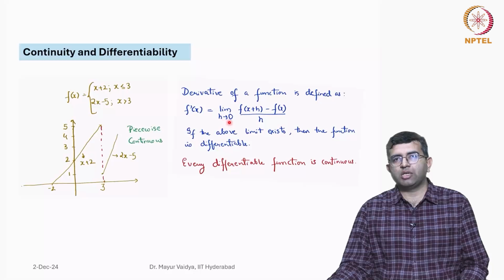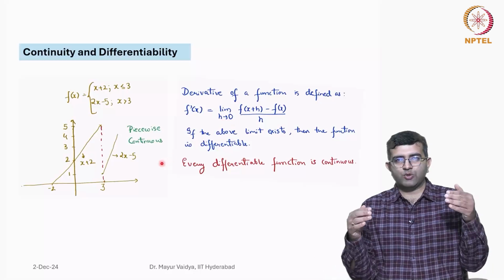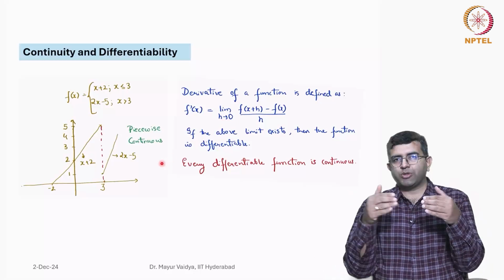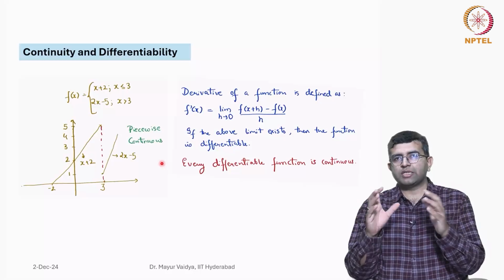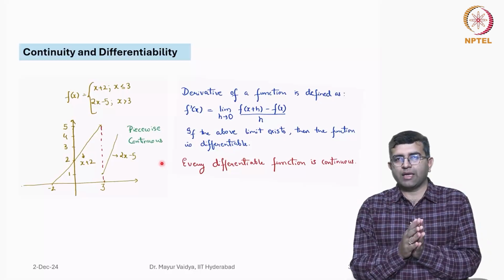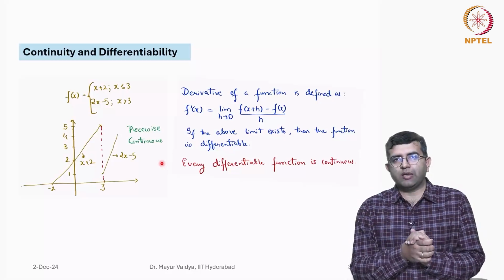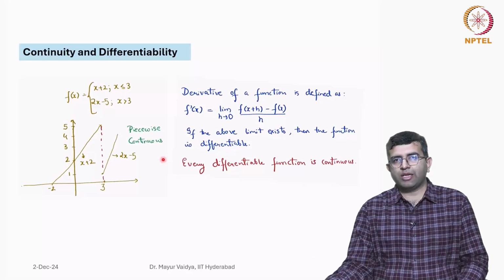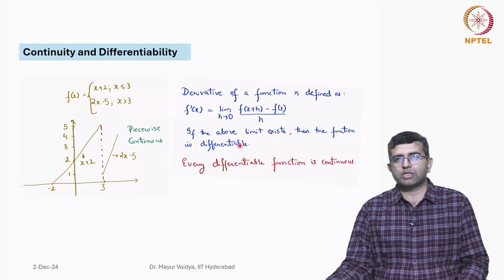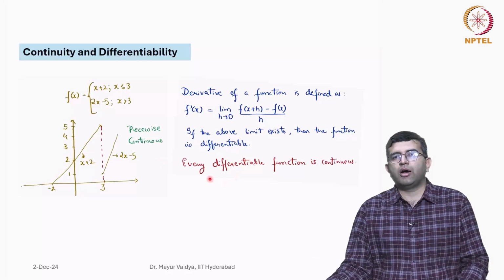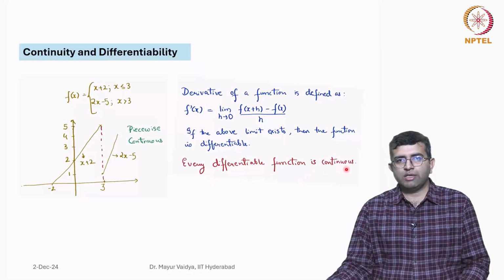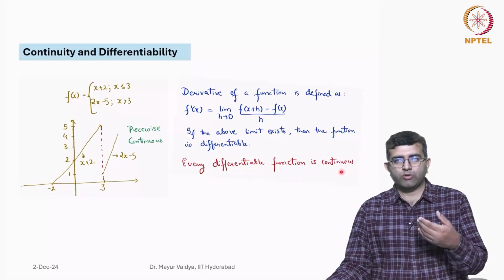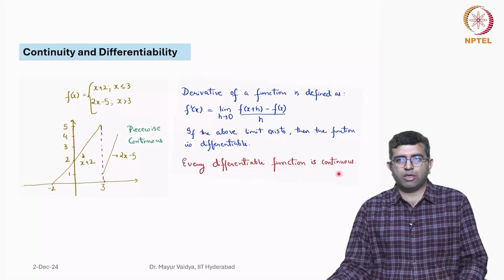It means that as h tends to 0, whether it tends to 0 from the left hand side or from the right hand side, in both cases the value should come out the same. That is what we mean by the limit existing. So if this limit exists, we say that the function is differentiable. Every differentiable function is continuous. I am not going to give a proof here, but feel free to have a look yourself.